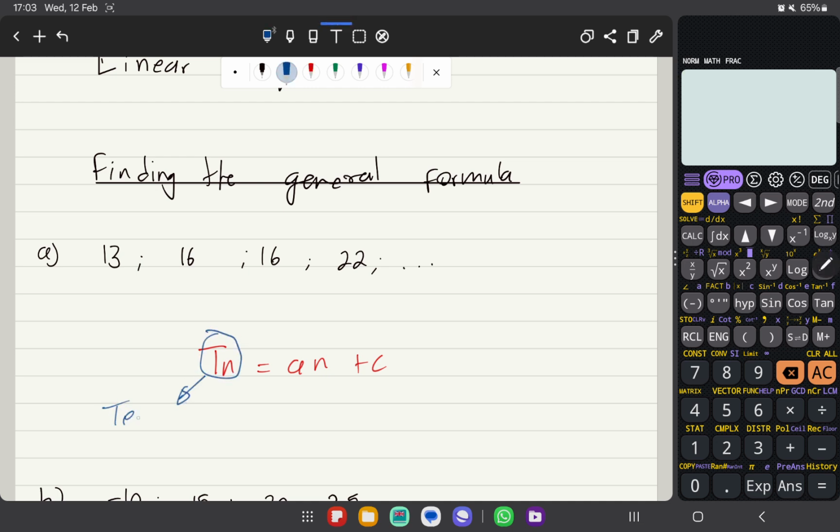So this is your term value. This right here is your term number, and then this right here is just your constant.